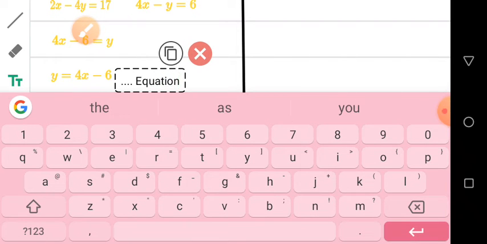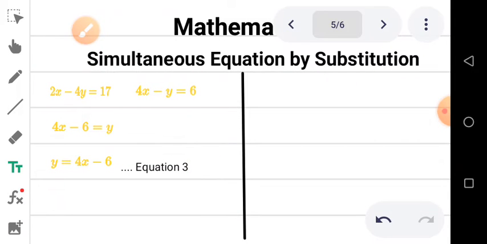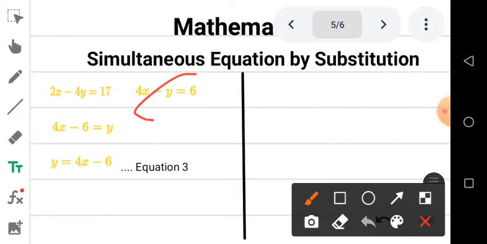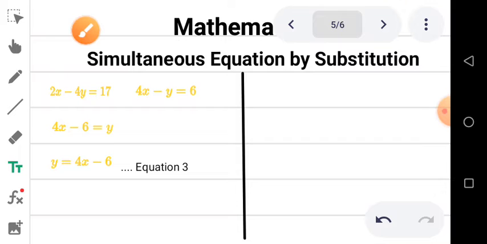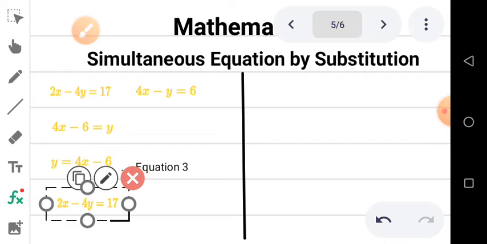Remember I said we're going to substitute it into the other equation. Here we used equation 2 to make our y-subject formula. Now we want to substitute, so we have to make use of equation 1. That means anywhere we see y, we change it to 4x minus 6.